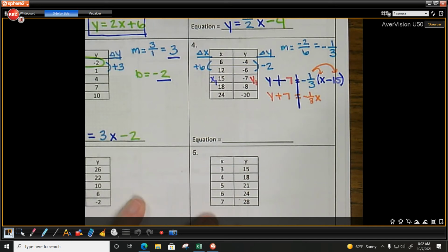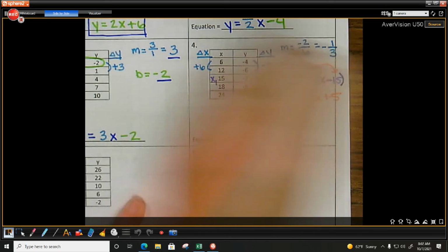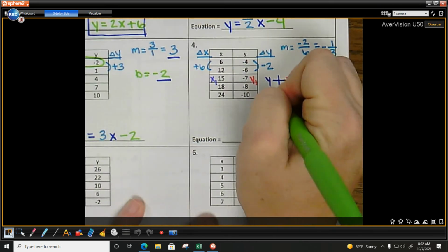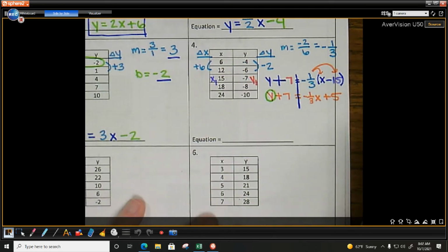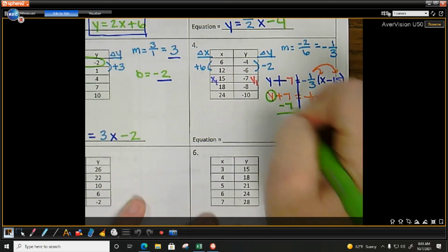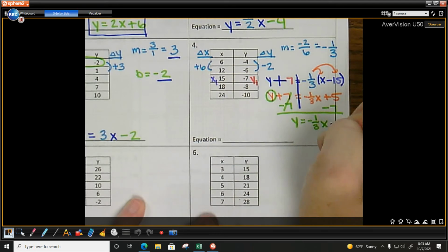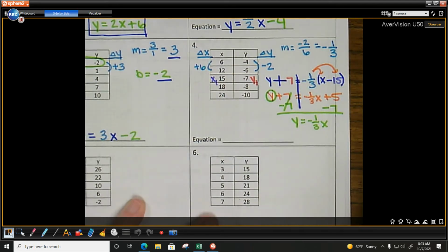Negative negative is a positive, so positive 5. I want y by itself, so what are we going to do? Subtract 7. We awake, Dominic? So I get y equals negative 1/3 x minus 2. Very good.